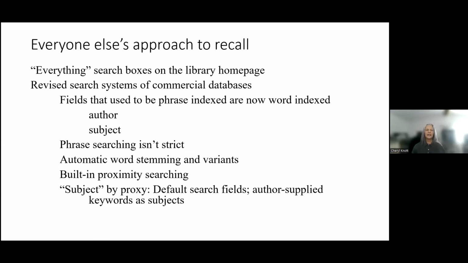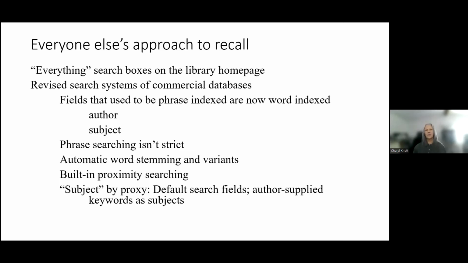And then which field search. So the default search fields, where you don't select a field, you just let the search happen wherever the search system has programmed it to happen, you get a kind of subject by proxy.